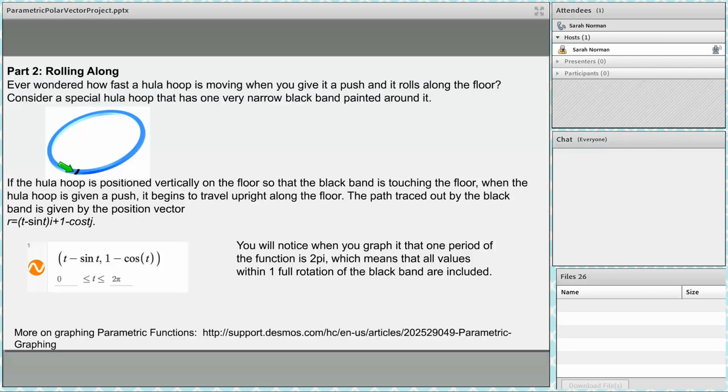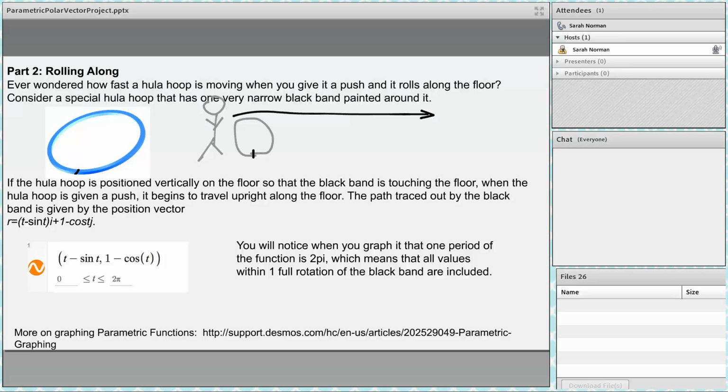I'll see if I can sort of draw a picture for you. Let me see here. Hold on just a minute. All right, so say here's the hula hoop, and you or your friend standing right here. You've got the black band right here, and you're going to push the hula hoop in this direction.